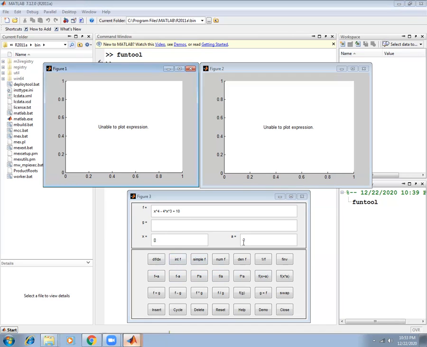Now f into a, multiplying the parameter a with the function f of x, gives 2x^4 minus 8x^3 plus 20, and dividing this function by the parameter a, f by a, the fourth control button in the second row, will return f of x, x^4 minus 4x^3 plus 10.